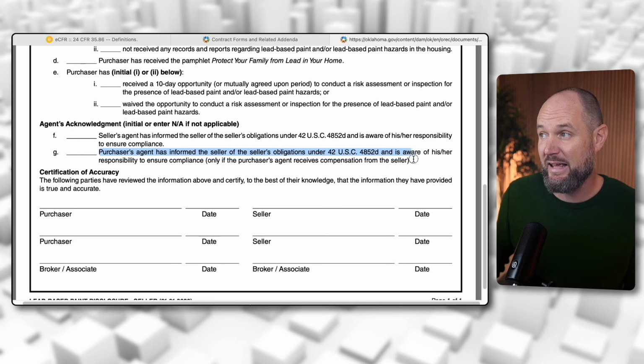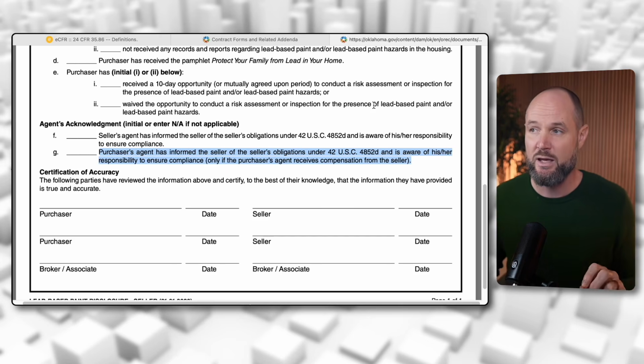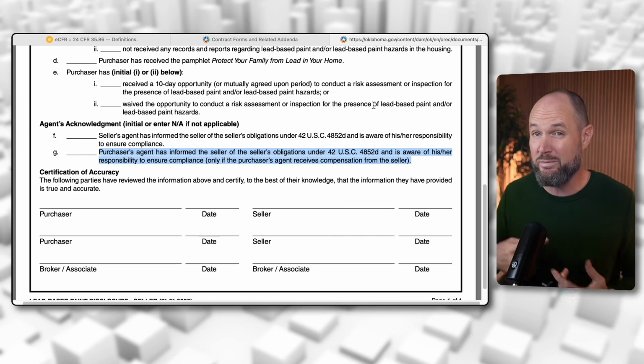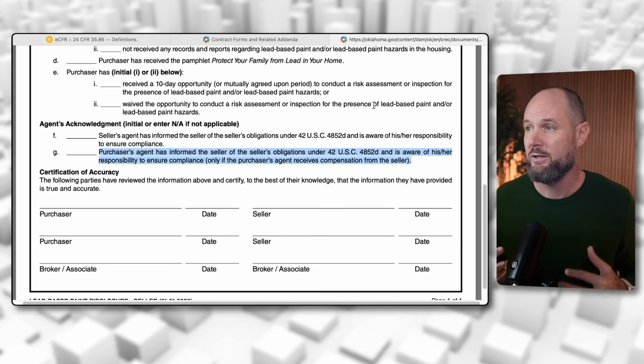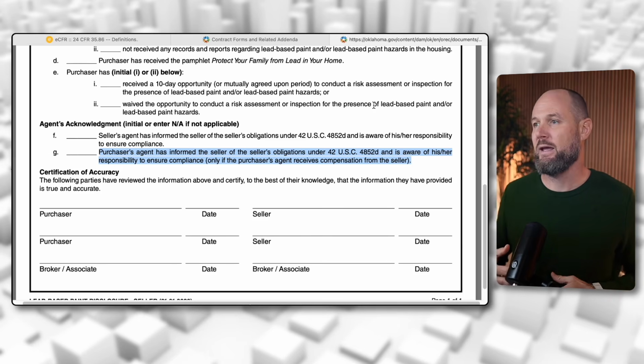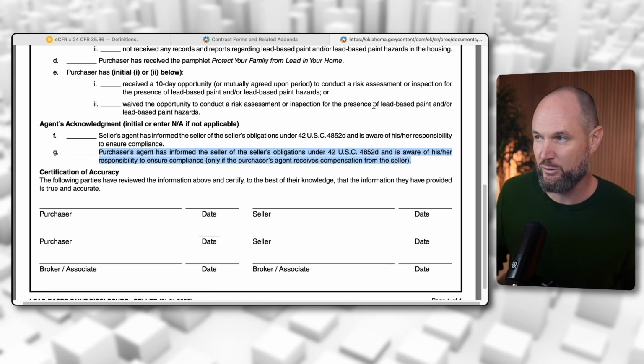Now they've added in a second option, okay? And the second option here is for the purchaser's agent, the buyer's agent, to do the same thing, to say, hey, the buyer's agent has informed the seller of the seller's obligation to disclose the lead-based paint and that they're going to take responsibility for ensuring compliance.